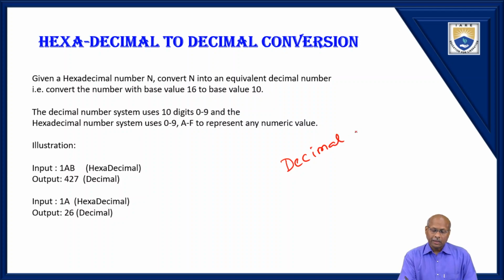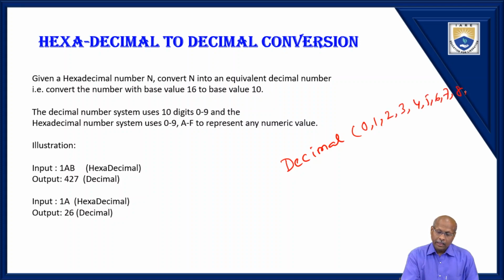When I say decimal number system, it will support the digits 0, 1, 2, 3, 4, 5, 6, 7, 8, 9, 0 to 9. When I say hexadecimal, it will support 16 varieties of digits.